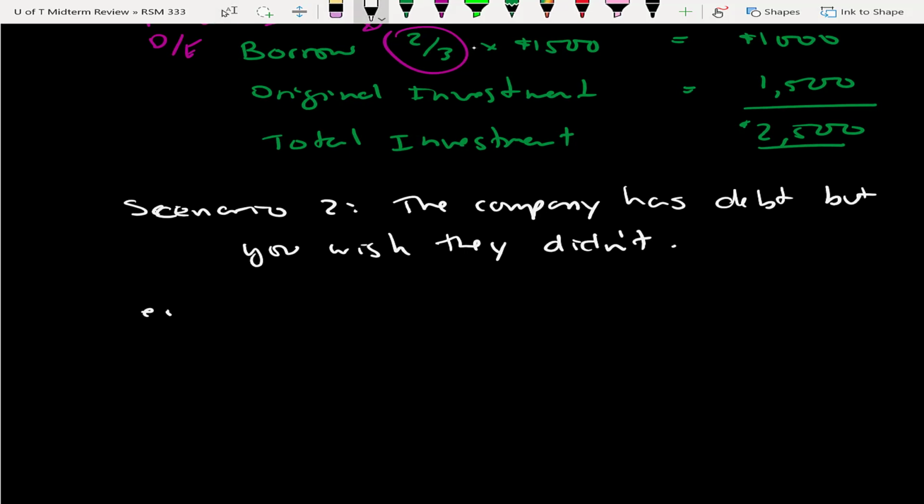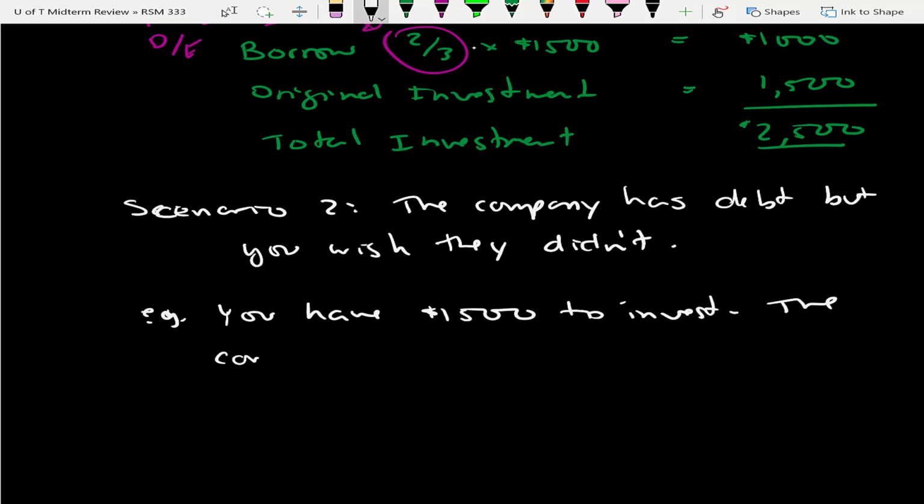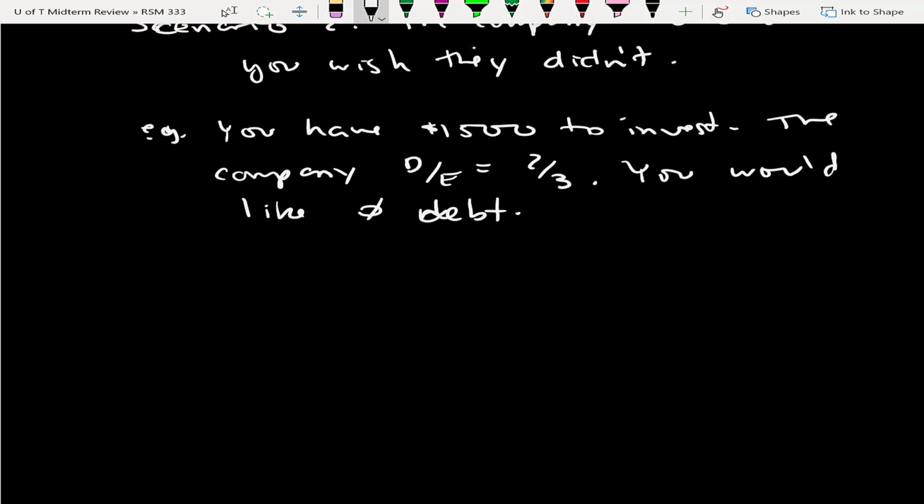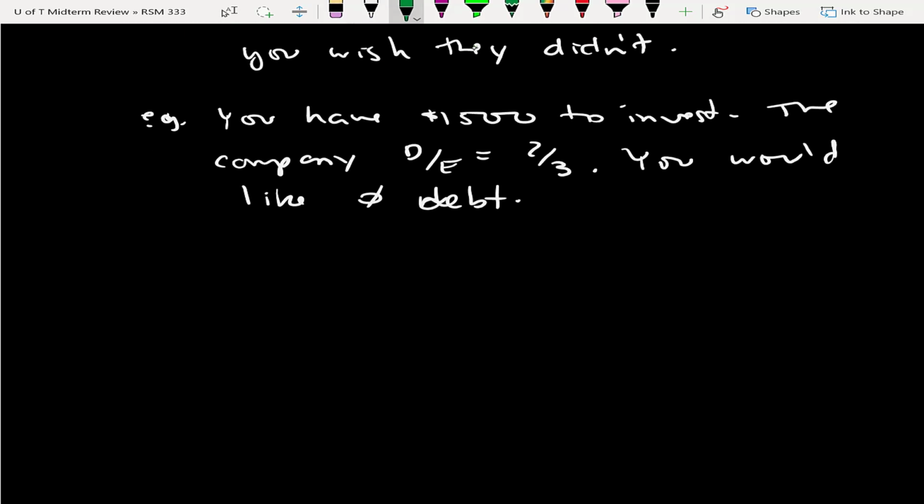An example is going to be you still have the same $1,500 to invest, but now the company has a debt to equity ratio of 2/3, and you would like no debt. So how do you undo this? Same thing, so the opposite way.